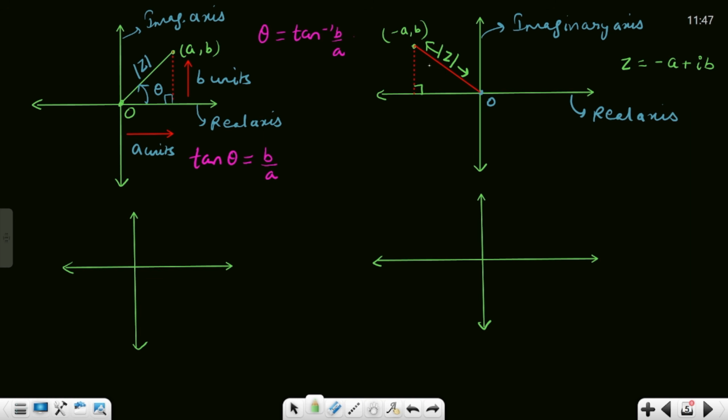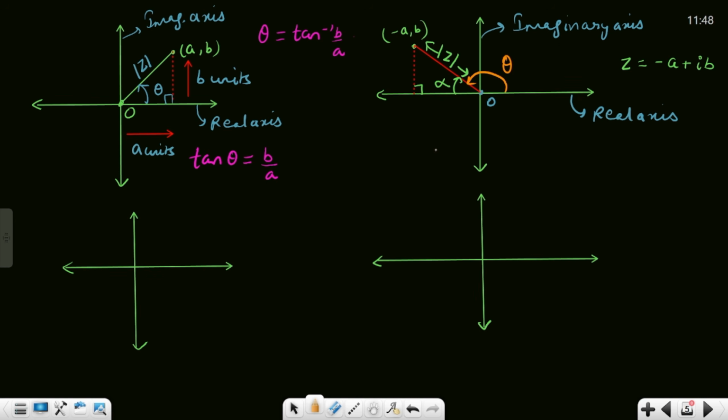Let this be a right angle triangle, and let's suppose this angle is alpha. Theta is the angle made from the positive real axis to the line segment joining the origin to the point minus a comma b, and alpha is the angle in the triangle at the origin.